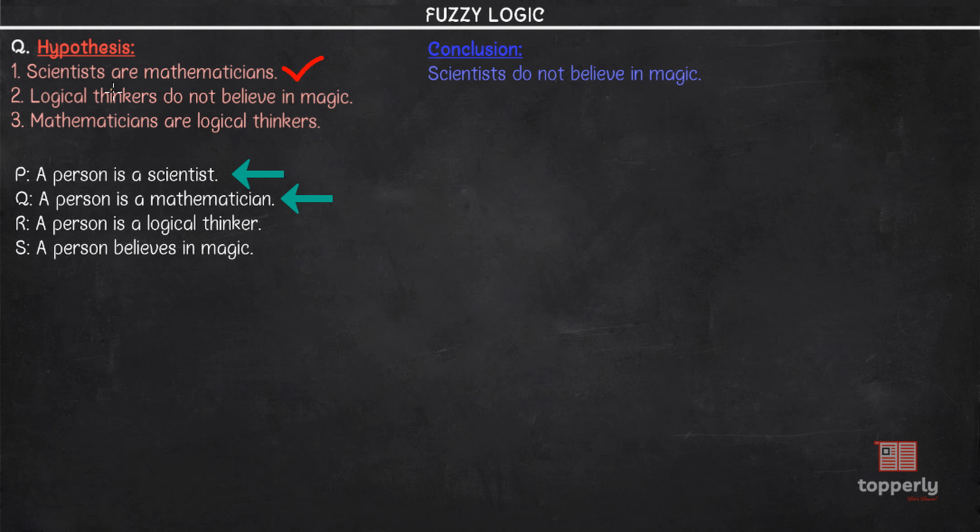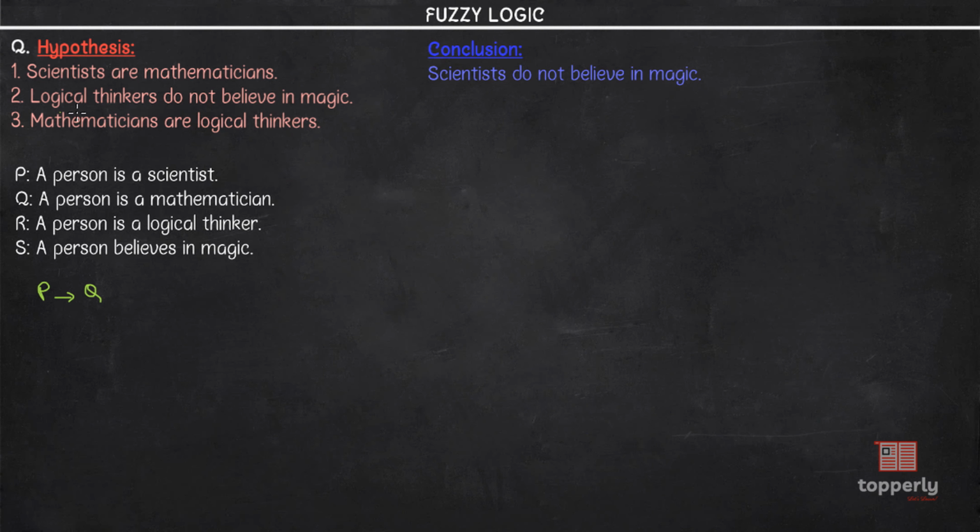So here we can say that scientists are mathematicians, which means that scientists imply mathematicians. Therefore, we can write it in the form of P implies Q. Why? Because P stands for a scientist, Q stands for a mathematician, and here it is given as scientists are mathematicians. So, for the first sentence, this will be the algebraic expression.